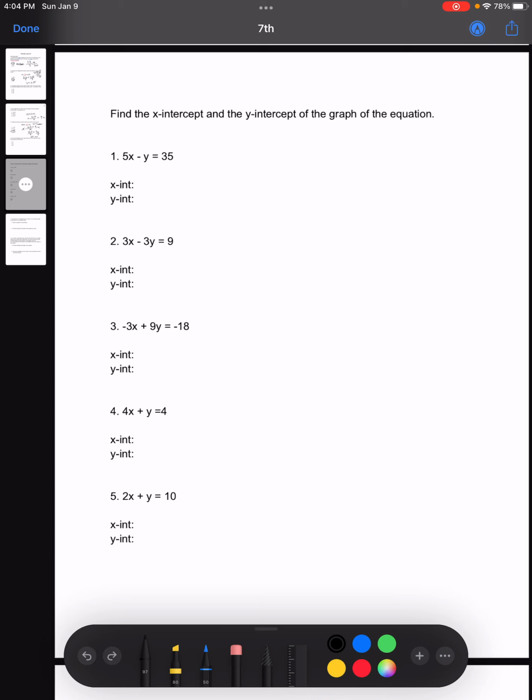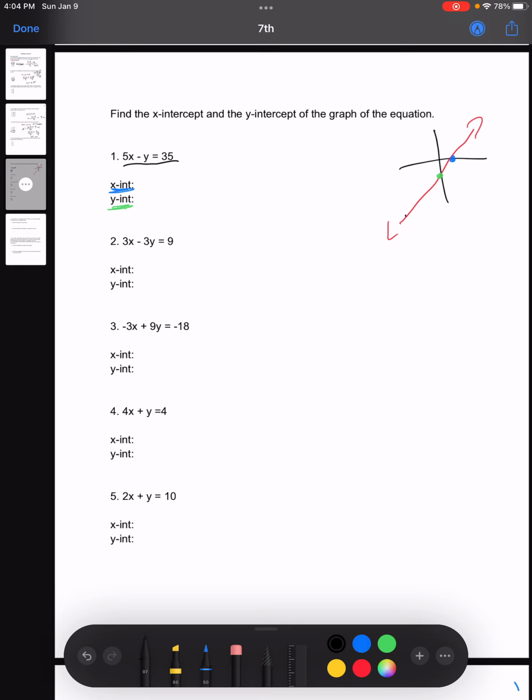In other words, this equation represents a line on a graph. Say, a line like that. And when they're asking for the x-intercept and the y-intercept, they're asking for where this line will intercept the y-axis, say at this green dot, and the x-axis at this blue dot.